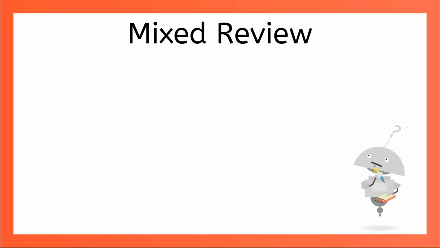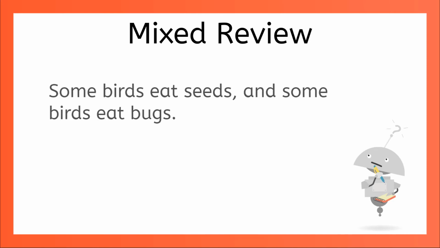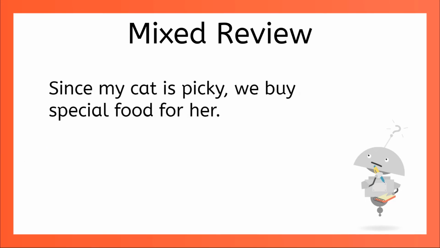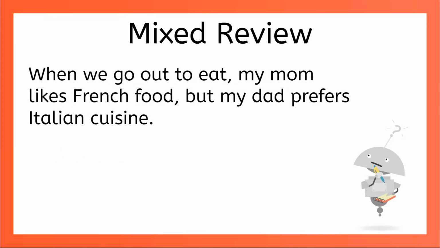All right, let's do a little mixed review. What kind of sentence is this? Some birds eat seeds and some birds eat bugs. Right, a compound sentence. Okay, what about, since my cat is picky, we buy special food for her. You get that one? It's a complex sentence. Okay, here's a tough one.